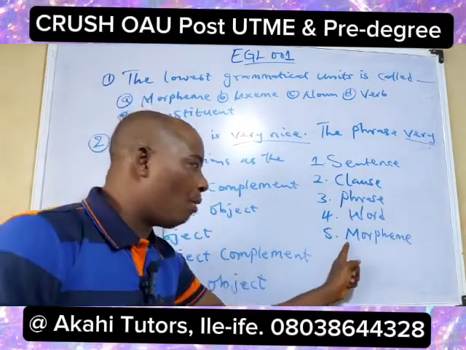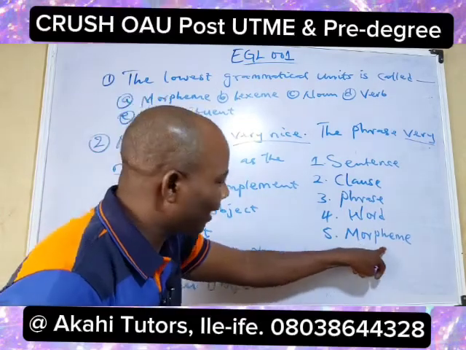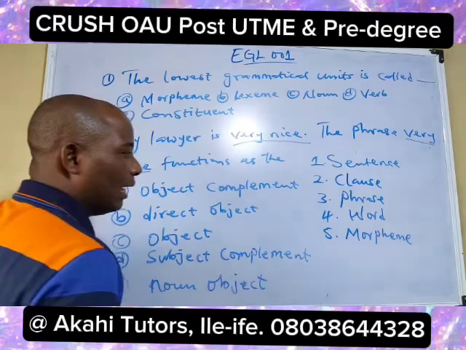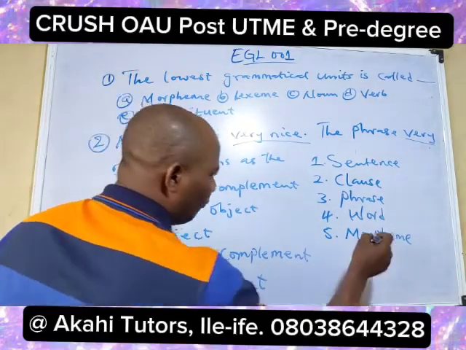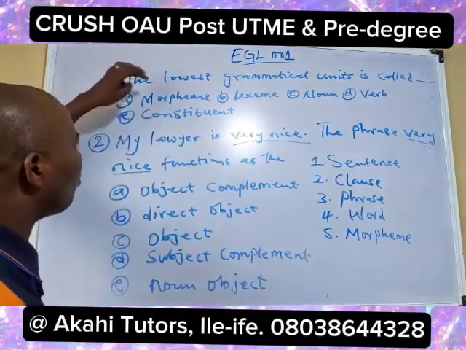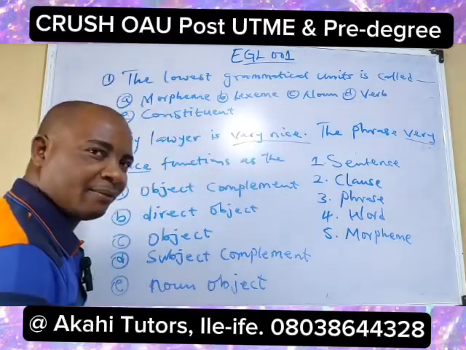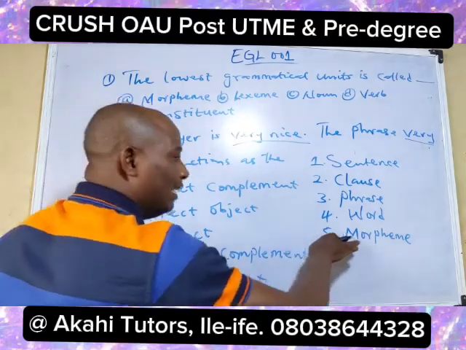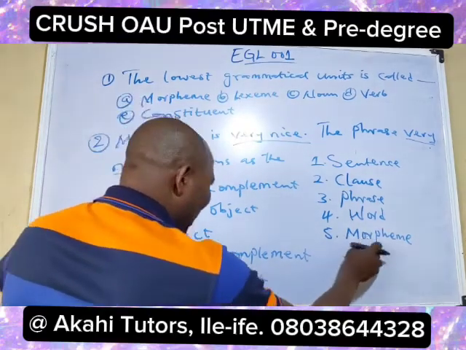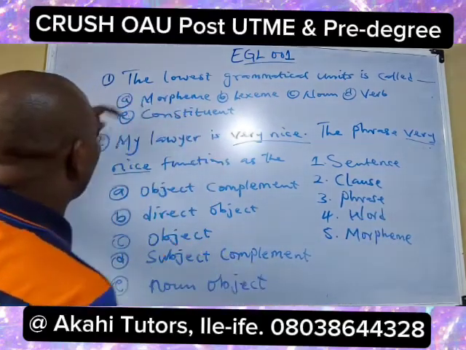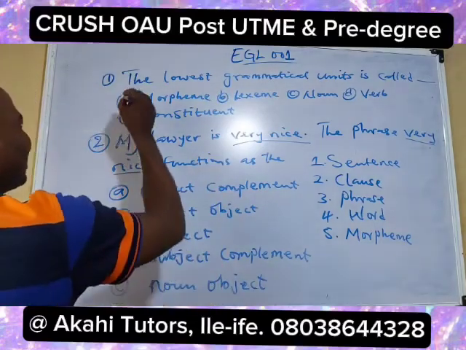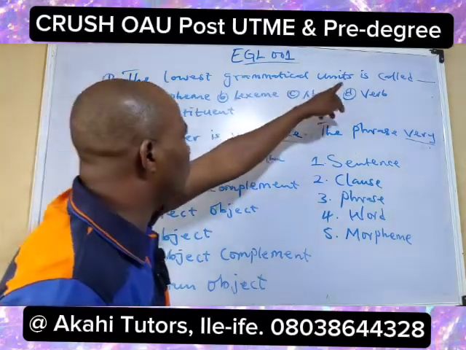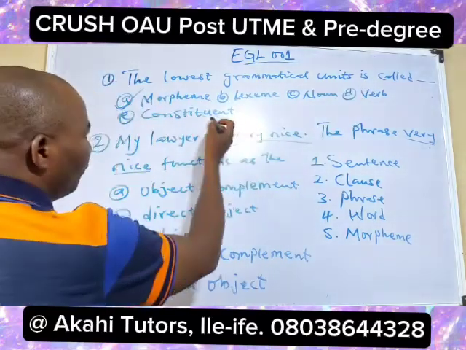Morpheme is the smallest grammatical unit, which is significant for meaning making. We have types of morpheme, but morpheme is the smallest grammatical unit. Out of these 5, the lowest, the least, or the smallest grammatical unit is called morpheme. So the correct answer to this question is option A.